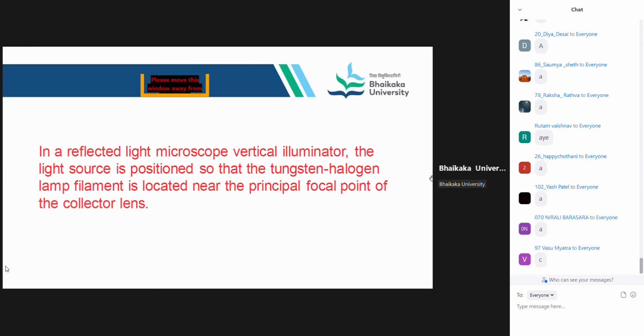In a reflected light microscope, the vertical illuminator light source is positioned so that the tungsten halogen lamp filament is located near the principal focal point of the collector lens. So this is the reflected light microscope.